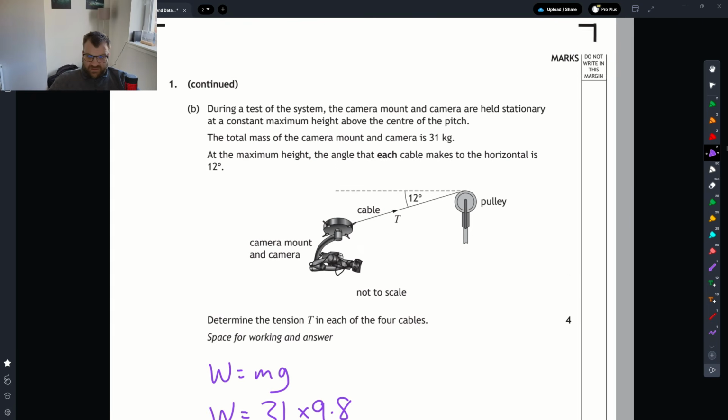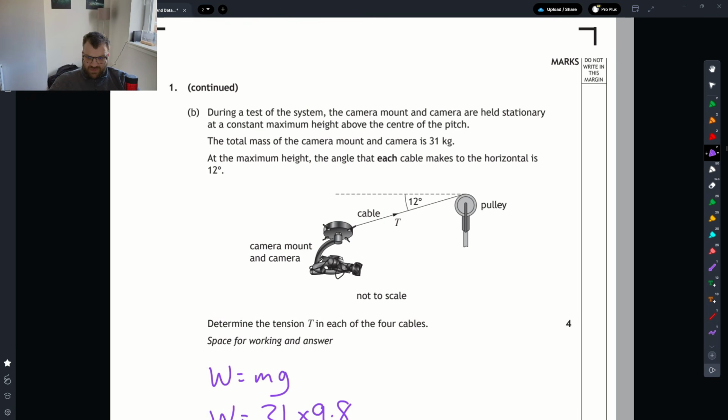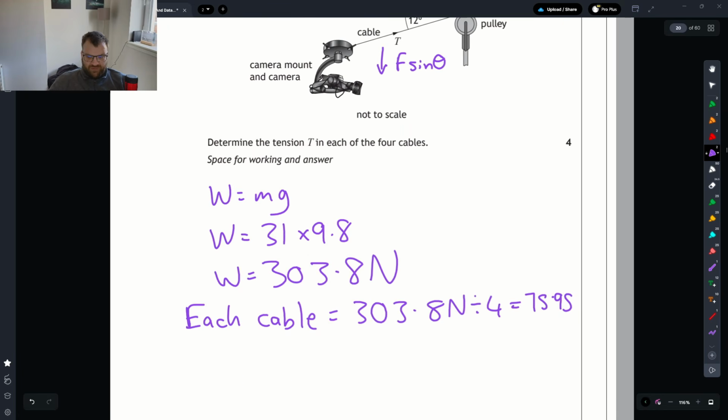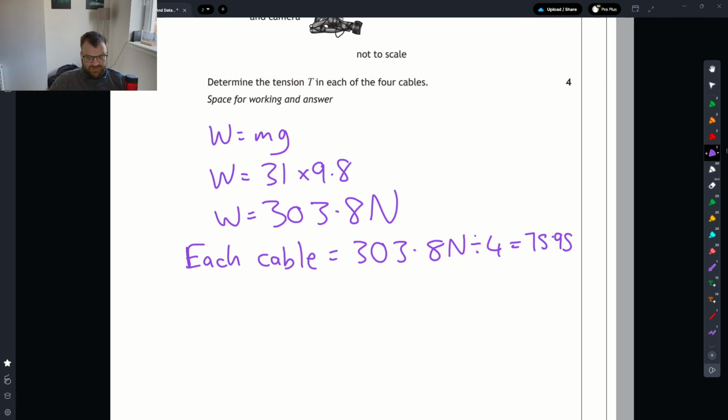Then this is where we have to work out which one, cos or sine. Because we're dealing with the weight, which is the vertical section, well, if it was going across the way, it'd be cos, so it's going to be sine. So we're talking about F sine of the angle that we're dealing with. And we've worked out that each of them is responsible for 75.95.